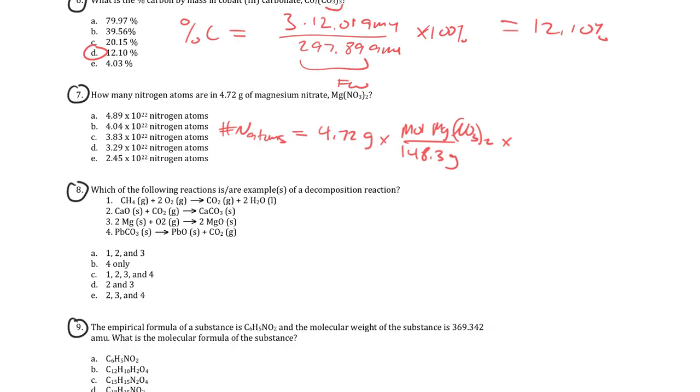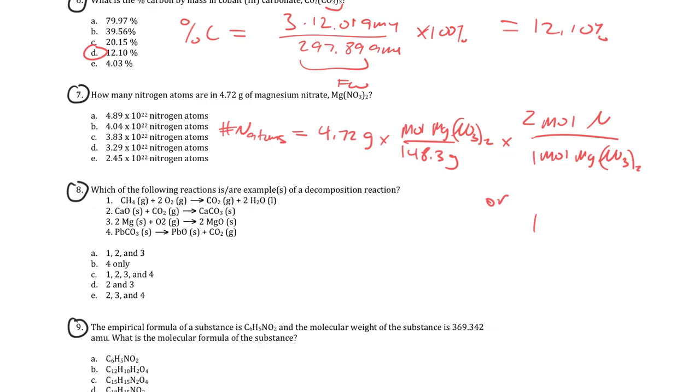Now, what I need to do is either think how many moles of nitrogen are present per mole of this compound, that's one thought, or I could say how many units there are of magnesium nitrate per mole of magnesium nitrate. I'm trying to get nitrogen atoms, so I can take one of two steps here. I can either say for every 1 mole of magnesium nitrate, how many moles of N are there? It would actually be 2, not 1, because there are 2 moles of nitrogen in 1 mole of that formula. There's 2 N's in it compared to 1 mole of magnesium nitrate.